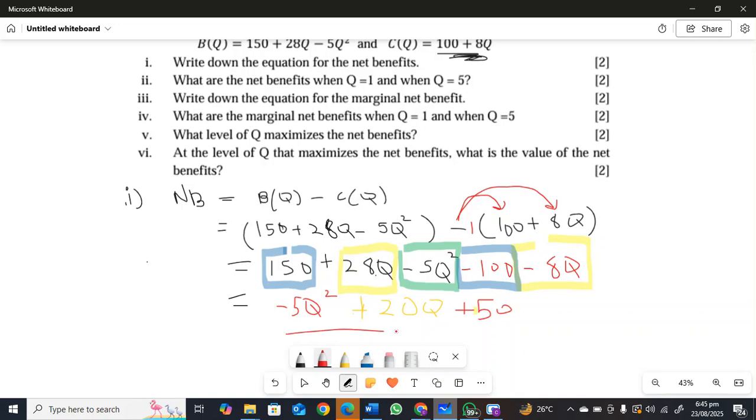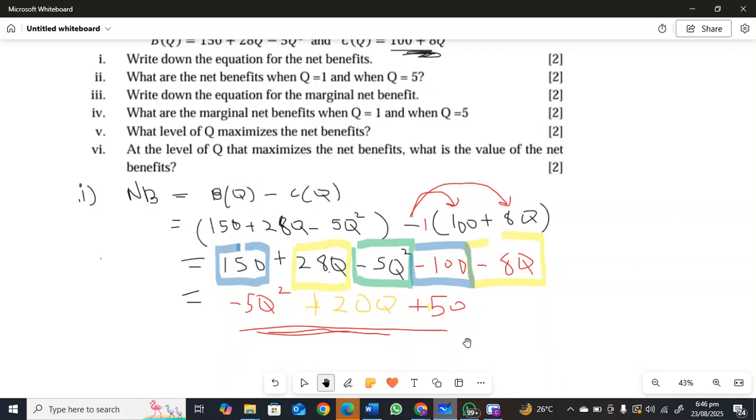Negative 5Q squared plus 20Q plus 50. Even though it's not in the same order, just make sure your 20Q is positive, your 50 is positive, and your negative 5Q squared. Then we've got the same answer. Are there any questions before we move to the next part?